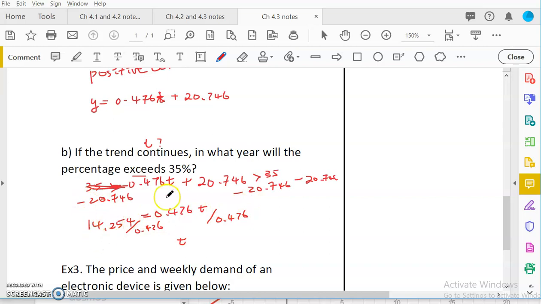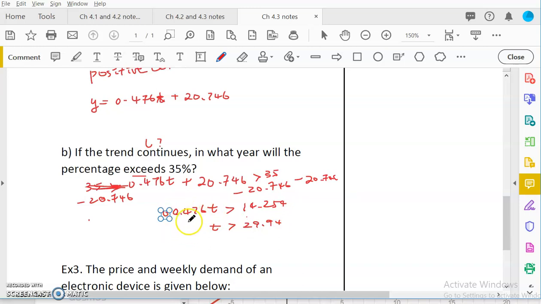So I should just erase it and then do it again. As an inequality, exceed 35. So it should be 0.476t exceed 14.254. So t would be greater than 29.94 after you divide by 0.476.